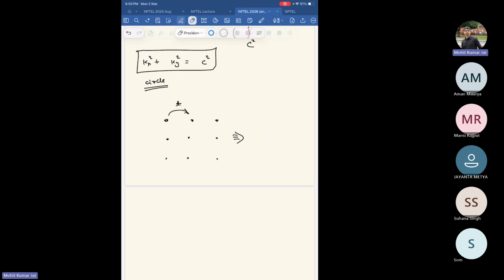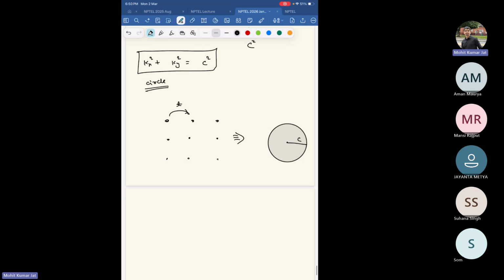That will be circular in nature, with the radius being c, and this is kx and this is ky.